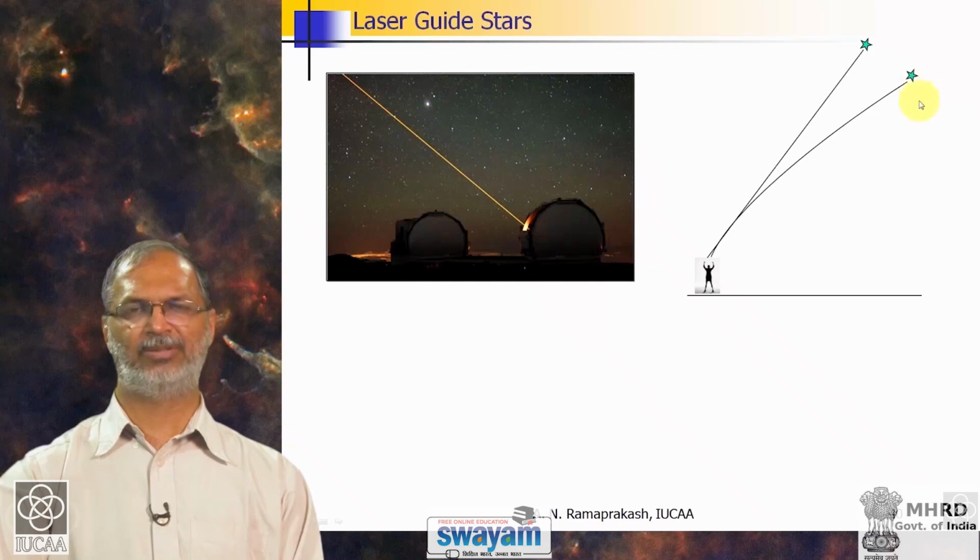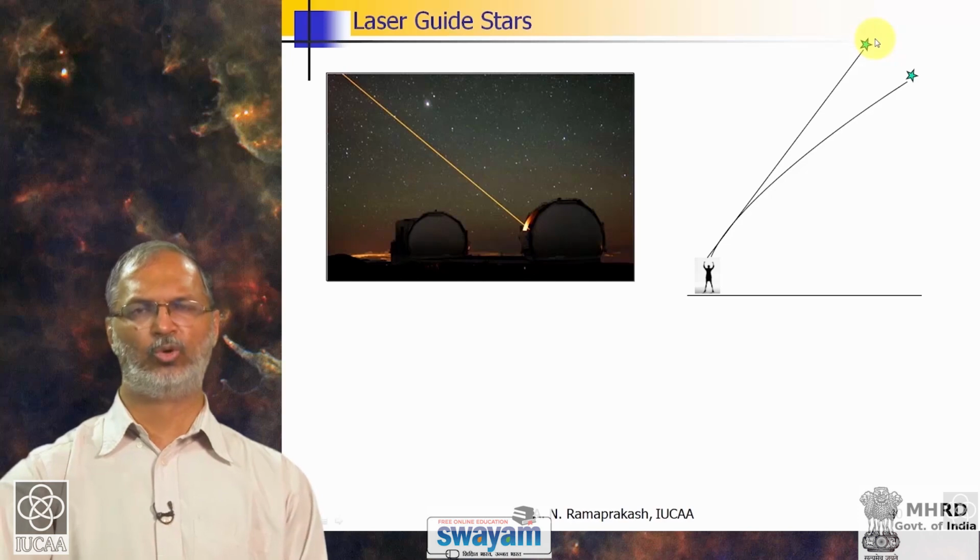What it effectively means is that even if the star is here, as far as the telescope is concerned it will appear as if it is here and its position is not changing, because even if the star position changes to here, the light going up and coming back follows the same path, and from the telescope you will project it as if it is in this location of the sky.